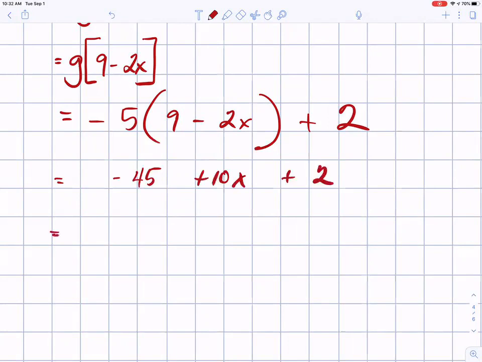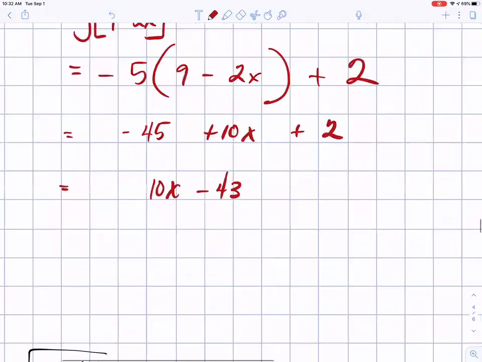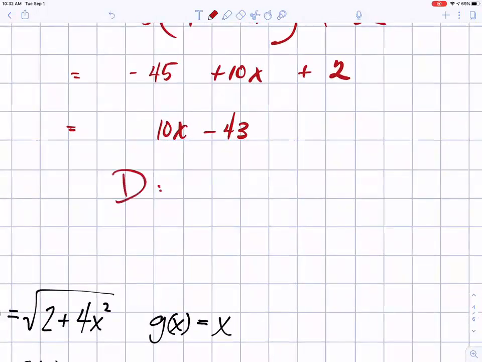Okay, and then if I combine like terms, I have 10x. Were they the same? They weren't. Okay, so the mathematical way to say that is that composition is not commutative. Commutative properties are where you can trade them and it's the same thing. Composition is not commutative. All right, what's my domain here? All real numbers.